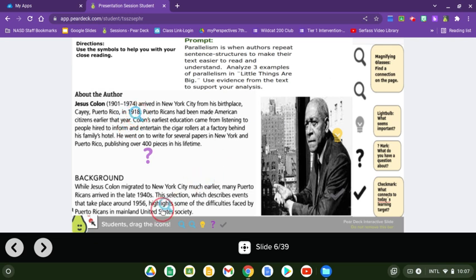And had trouble being accepted as of 1956. I think still sometimes face difficulties they ought not to. They should not be facing those difficulties, but the prejudice of our systems and citizenry sometimes gets in the way. Any parallelism here? They do repeat these 2 dates, 1940s and 1956. It kind of gives that attention to time and place. And there's a picture of Jesus Colon right over there, a little bit older there.